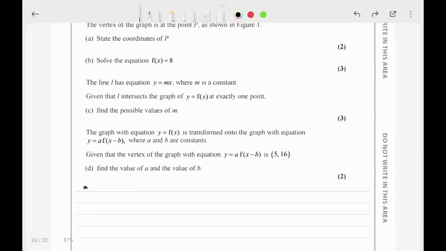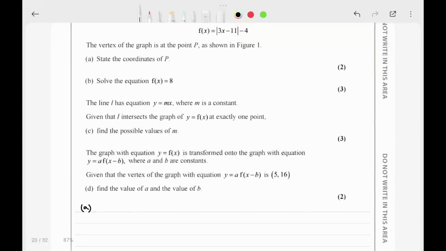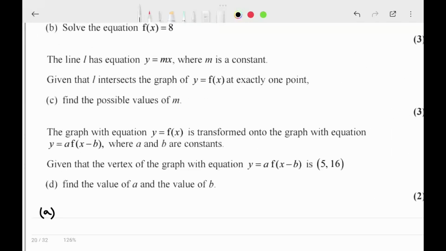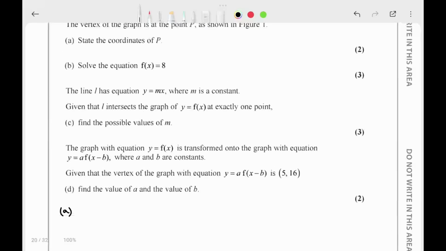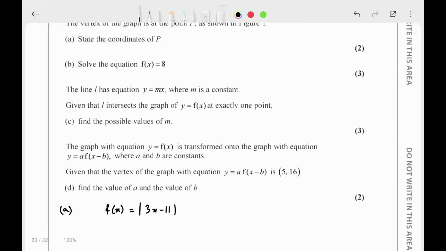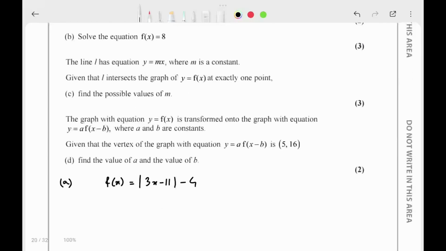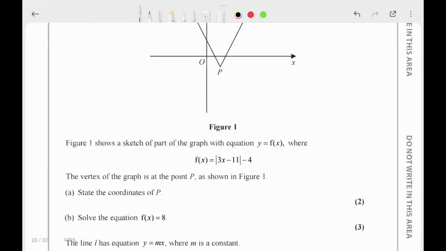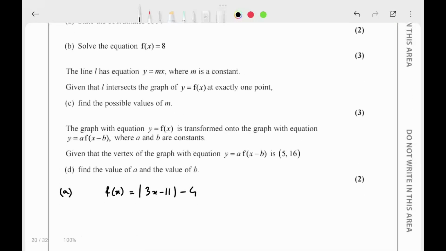So for A, the equation is f of x is equal to magnitude of 3x minus 11 minus 4. Since it's the lowest point, it would only occur when 3x minus 11 is equal to 0.